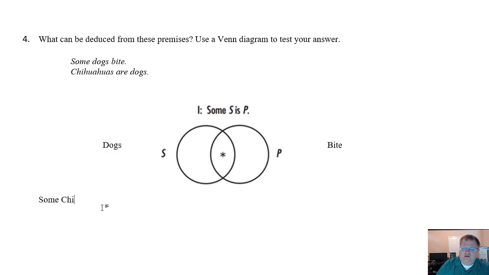Some Chihuahuas bite. It's about the only safe thing that we can deduce from something like this. But again, you want to review Venn diagrams, review how to read them, how to interpret them. Don't just focus in on the one category that I'm practicing with you here.